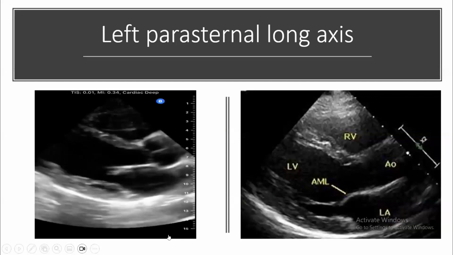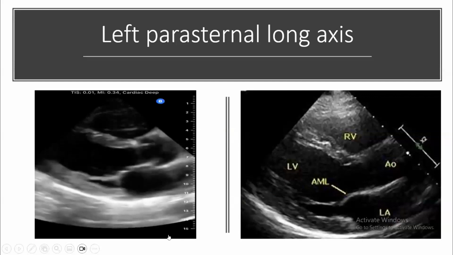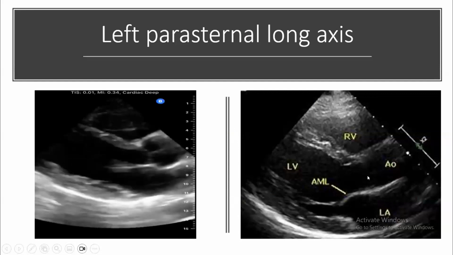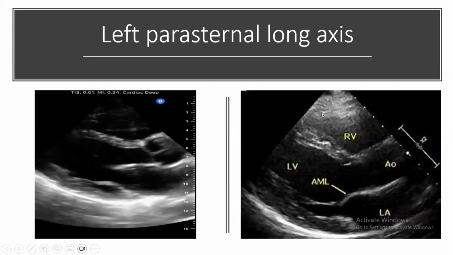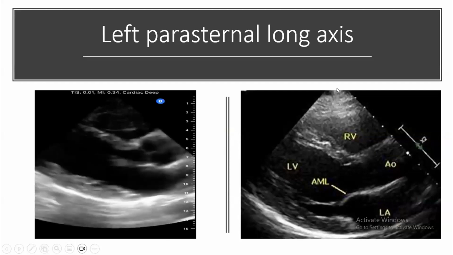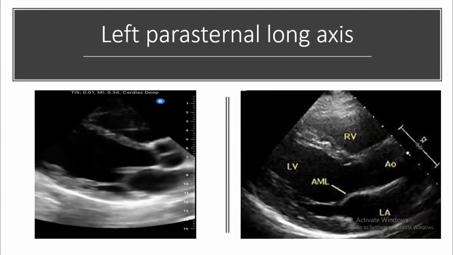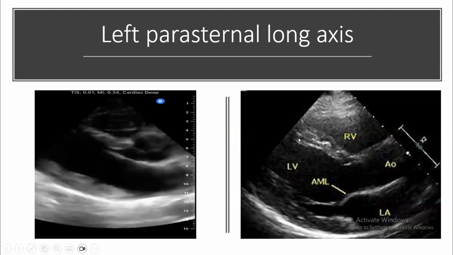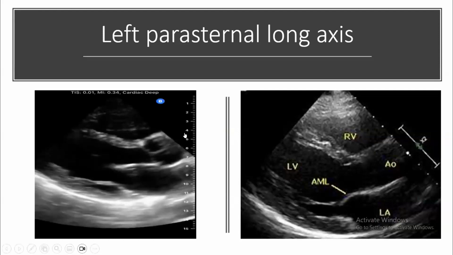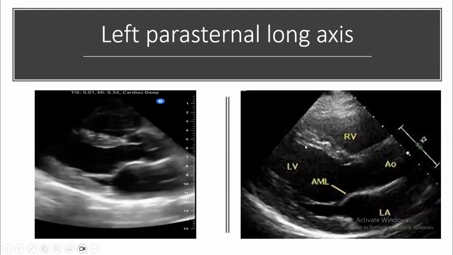So this is another left parasternal long axis. As you can see now, this is the fixed picture and this is the motion picture. Where is our probe? Our probe is here in the third or fourth intercostal space, and the marker is directed toward the left shoulder. This is the right ventricle outflow tract and the septum.